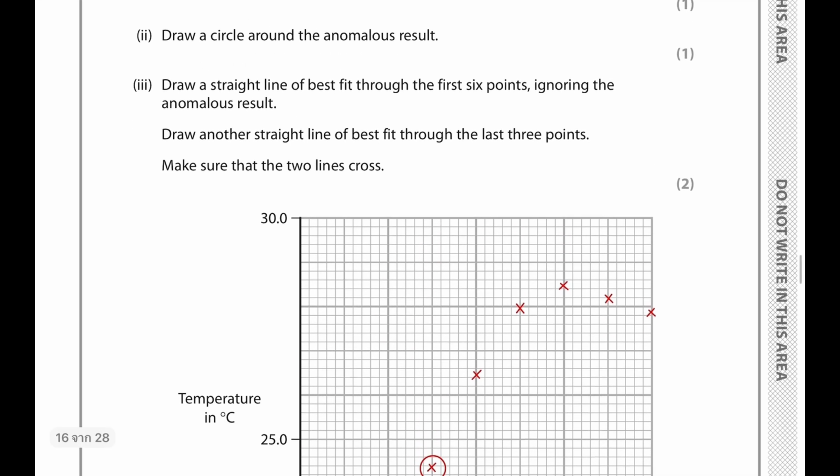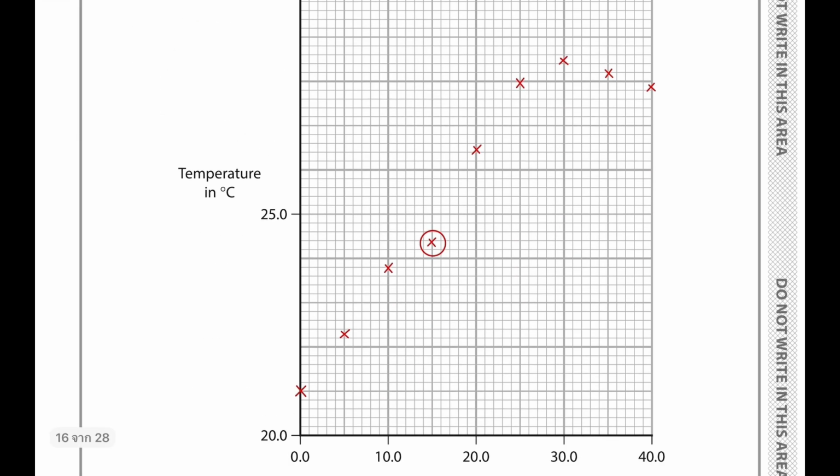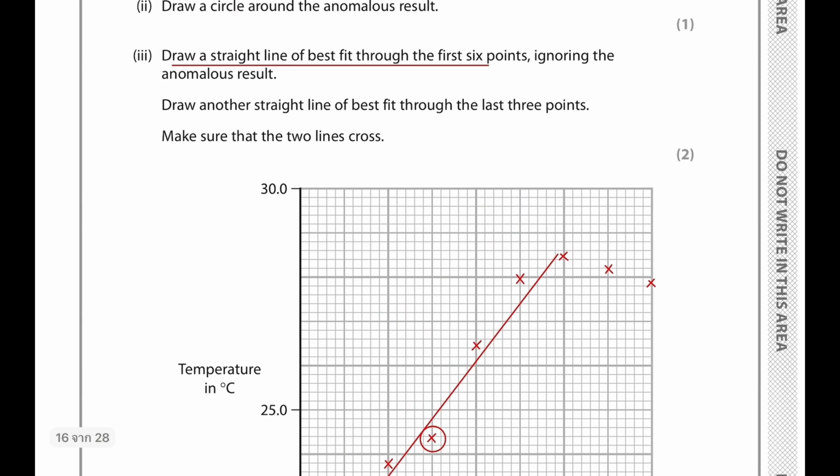Then draw a straight line of best fit through the first 6 points, ignoring the anomalous result. A straight line. And then draw another straight line of best fit to the last 3 points.